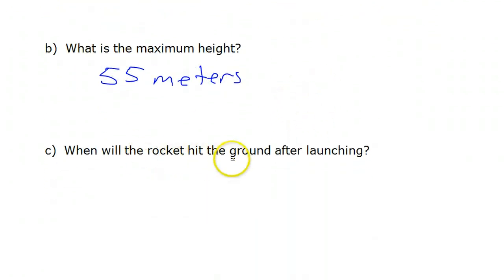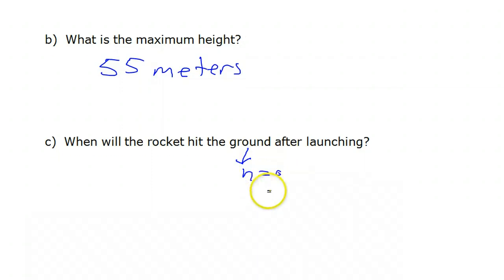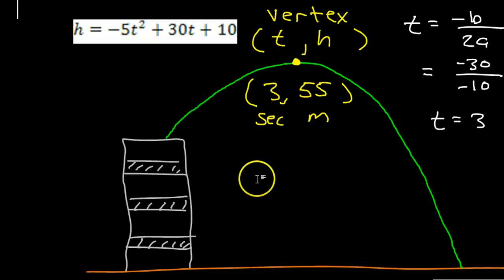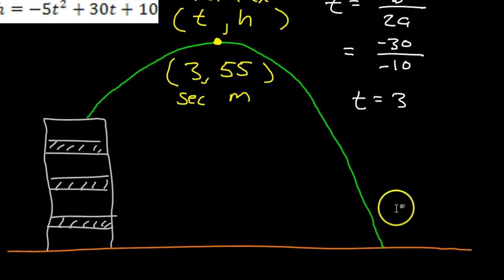Now, when will the rocket hit the ground? Alright, well, when they give you hitting the ground, that is a way of saying that the height is equal to 0. Okay? So all we have to do is set the height equal to 0 and see what happens. Let me bring my formula with me.